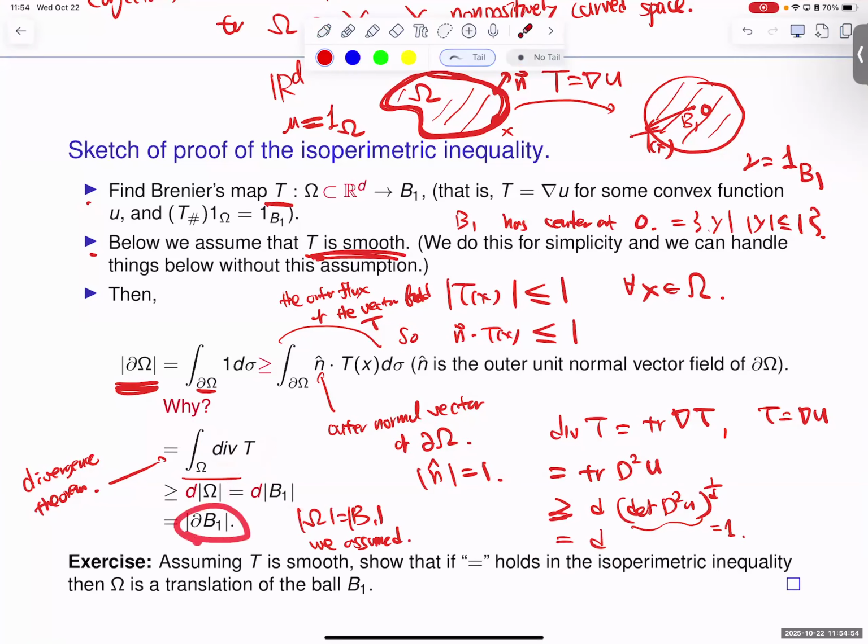That is exactly the same as the surface area of the ball of radius 1. So the surface area of omega is bigger than or equal to the surface area of the unit ball. Okay, so that is the isoperimetric inequality.